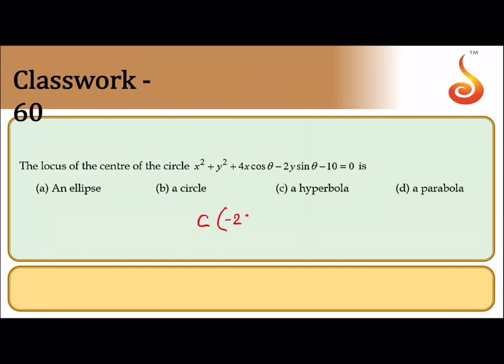60. Locus of the center of a circle. The center of the circle is minus 2 cos theta, comma, minus sin theta, plus sin theta. So h is equal to minus 2 cos theta, and k is equal to sin theta.